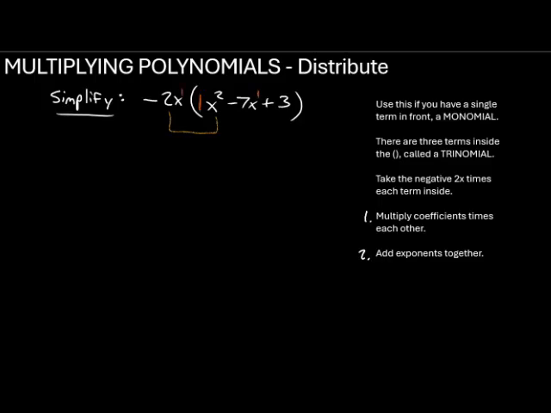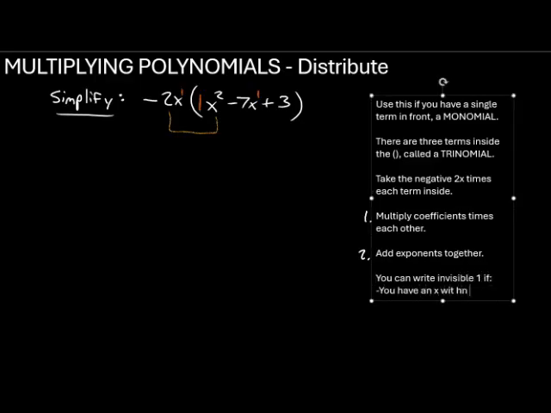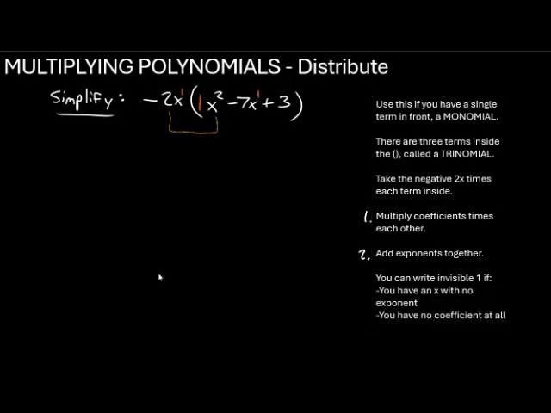Again, I recommend if you're new to this, write the invisible 1s in anytime you see an x with no exponent or any term with no coefficient. With the invisible 1s written in, let's try this multiplication.